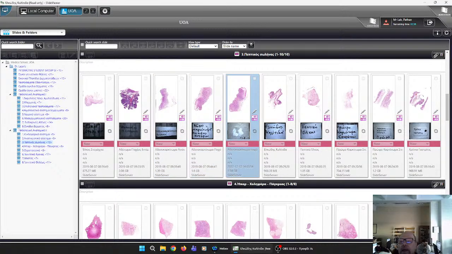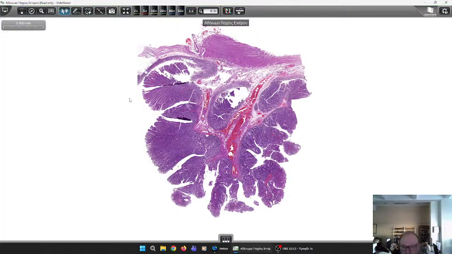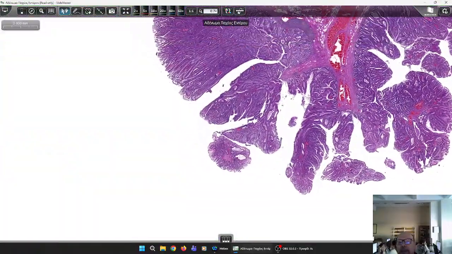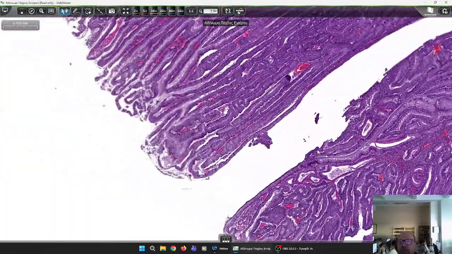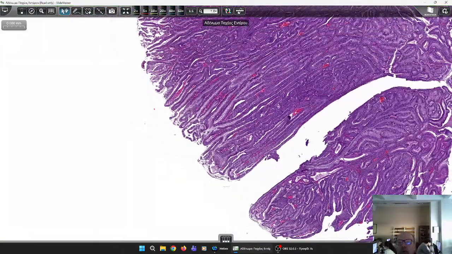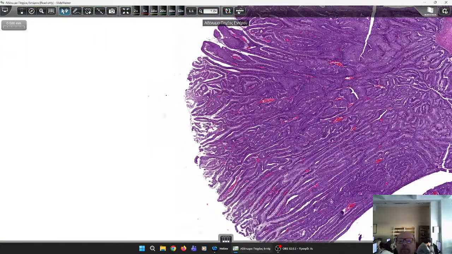And then we'll have the adenomatous polyp that we see here. It is exophytic, you see. And let's look at its configuration, the architectural pattern. This is a conventional adenoma being composed of villi.